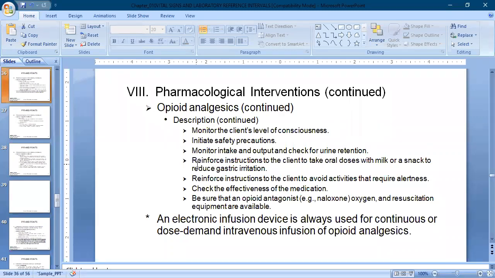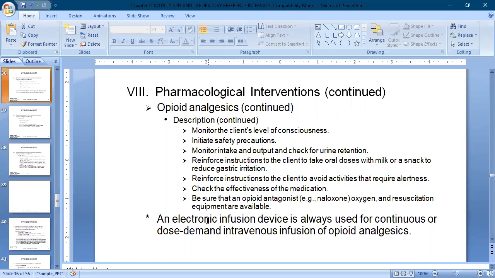Also reinforce the instruction to the client who takes the oral doses to take them with milk or a snack to reduce gastric irritation. And also reinforce the instruction to avoid activities that require alertness, and check the effectiveness of the medication.